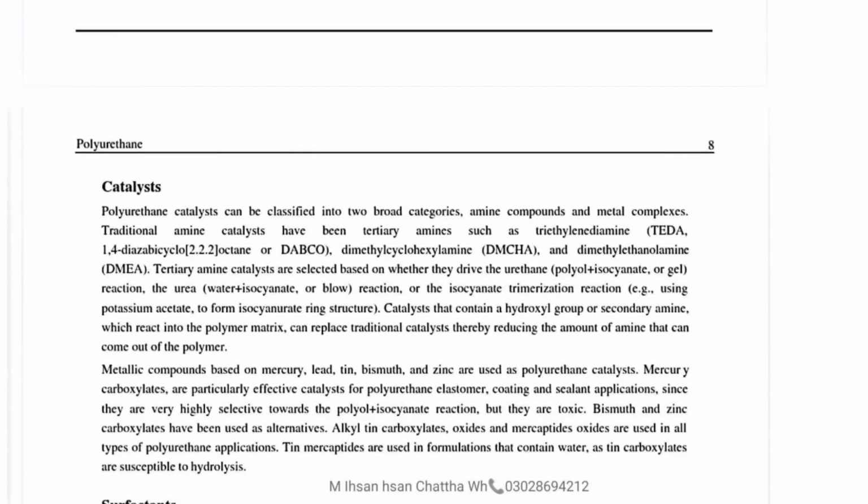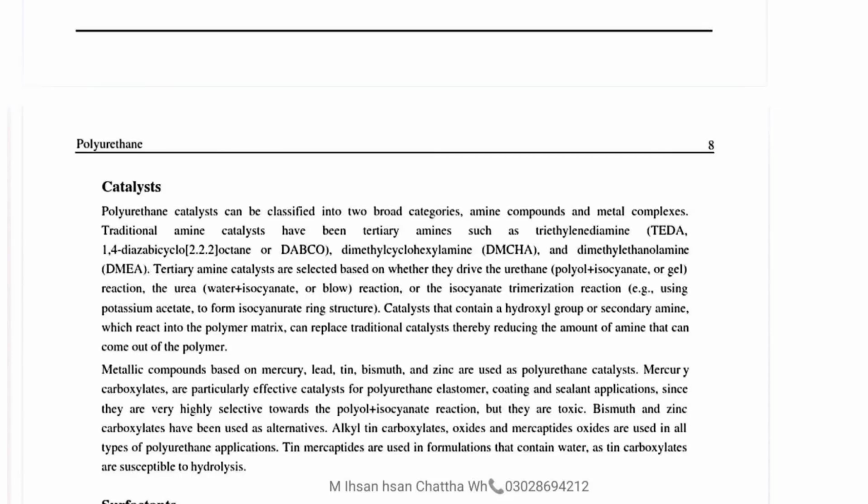Student, here we study some types of catalysts, which mainly catalyze the reaction of the polyurethane. We categorize the catalysts in two categories: number one is amine compounds and number two is metal complexes.